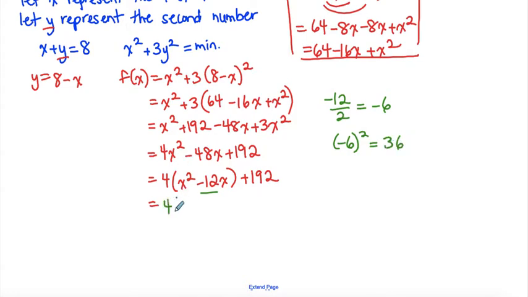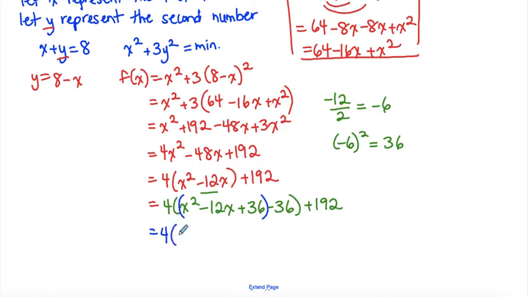So I'm going to take 36, and I'm going to add it and then subtract it inside that bracket. Then I'm going to factor just the first 3 terms. The number that multiplies to give us 36 and adds to give us negative 12 is negative 6 for both.